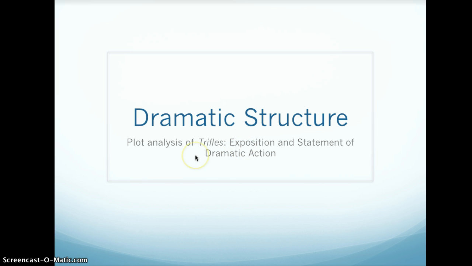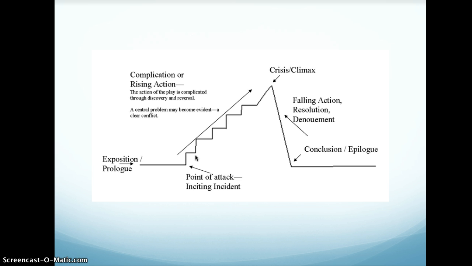So the first thing we want to do is take another quick look at what a plot diagram looks like, remembering that the exposition is usually in the beginning, and it gives us background information about the character's backstory. The point of attack happens next, or the inciting incident, and that kickstarts the protagonist on their goals.